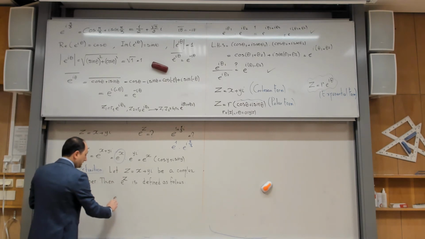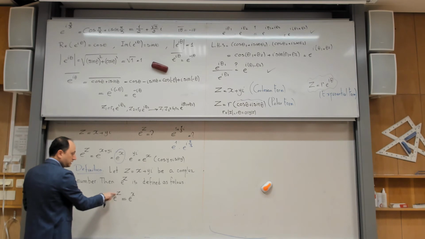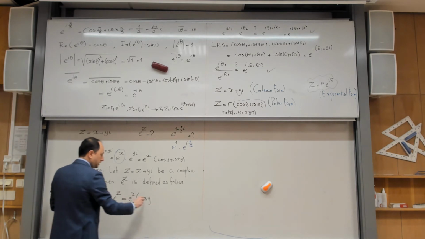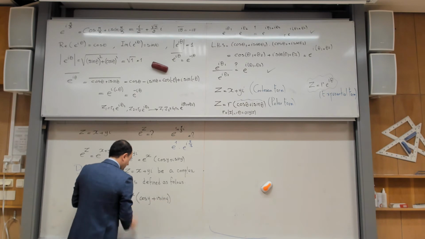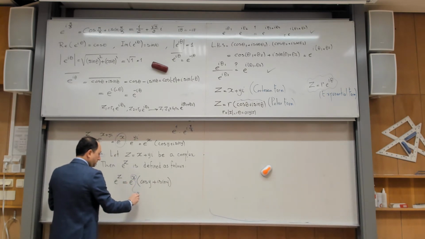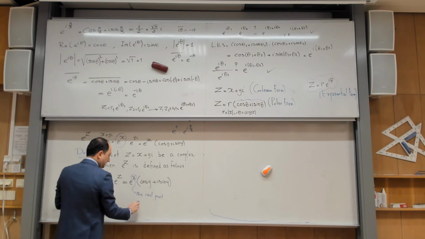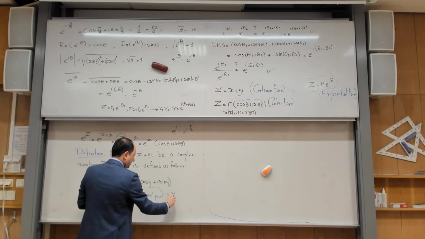So I would say that e to the power z is defined to be e to the power x, x is the real part of z, multiplied by cosine y, y is the imaginary part of z, yes? So x is the real part of z, and then y is the imaginary part of z.